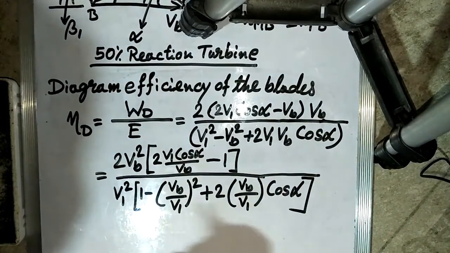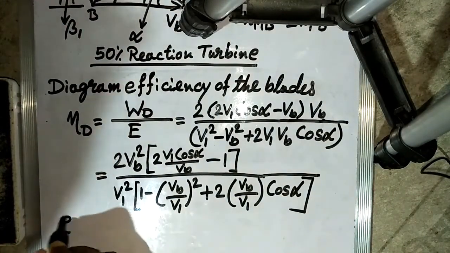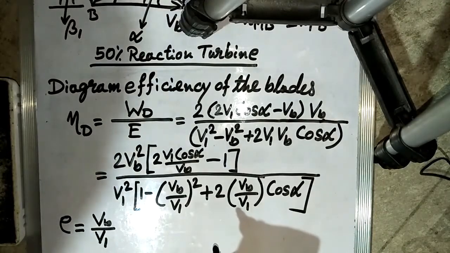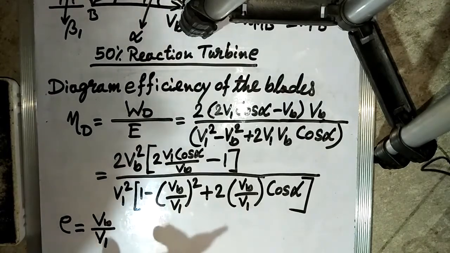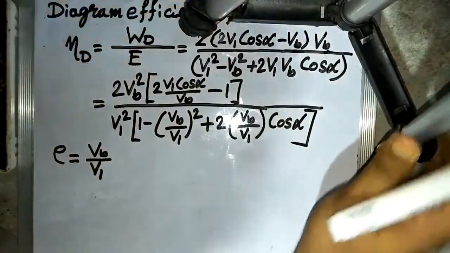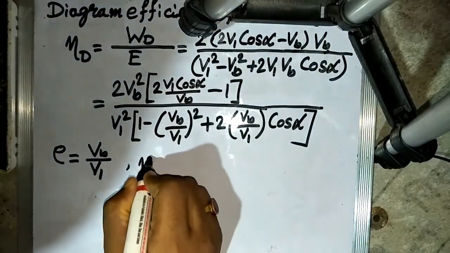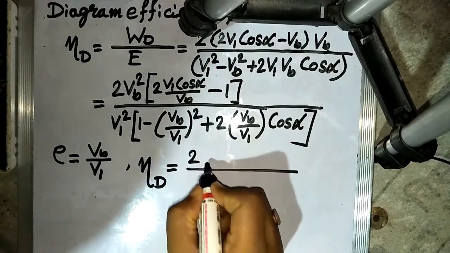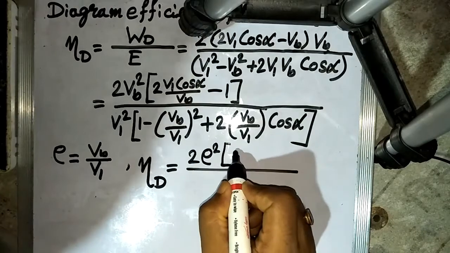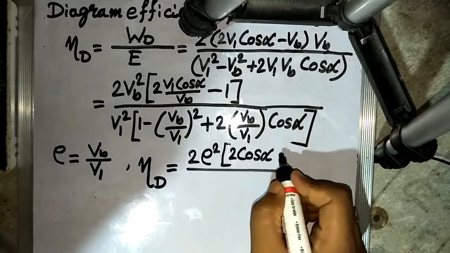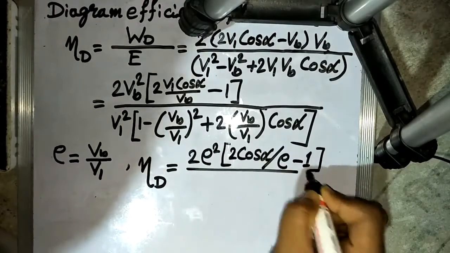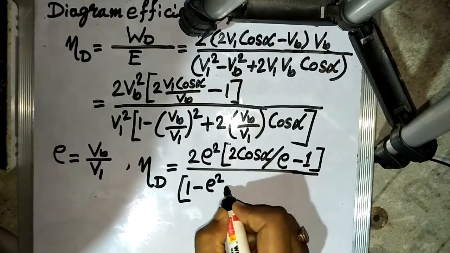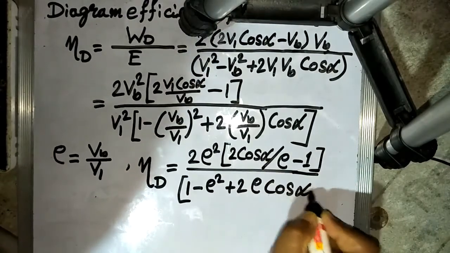Now if we substitute the velocity ratio rho equal to VB by V1, where rho is the velocity ratio, into the diagram efficiency expression, we get eta d, the diagram efficiency, equal to 2 into rho square into (2 cos alpha by rho minus 1), divided by (1 minus rho square plus 2 into rho cos alpha).